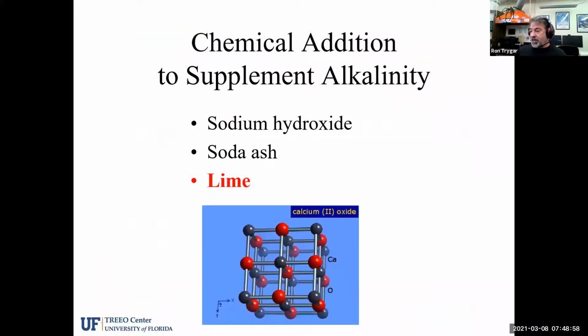So our next slide shows us some of these additional chemicals. We have sodium hydroxide, NaOH. We sometimes call that caustic soda. Soda ash is Na2CO3, and sodium bicarbonate, which is basically baking soda, is NaHCO3.